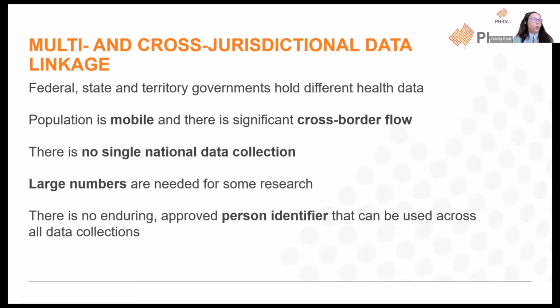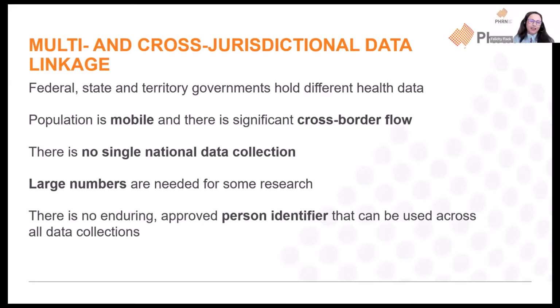In Australia, we don't have in any area a single national data collection that could cover all of the possible research projects that people might be interested in. And sometimes we need large numbers for research. If you're looking at rare events or rare diseases, you might actually need the whole Australian population, in which case we need to link together or get access to data from multiple jurisdictions.